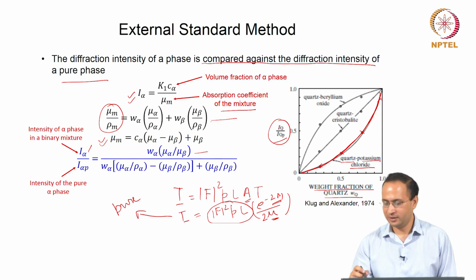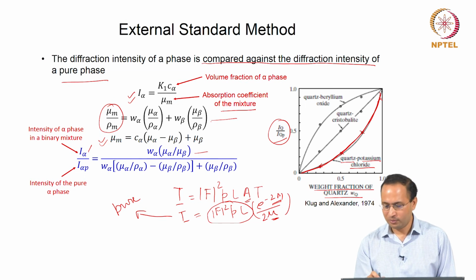This is not a linear curve, but remember, when your mu alpha becomes equal to mu beta, suppose you have two phases where your absorption coefficients are the same, this term will become 0, it will be directly proportional to W alpha, and then it will become linear. So, it depends on the absorption coefficients of your phases.